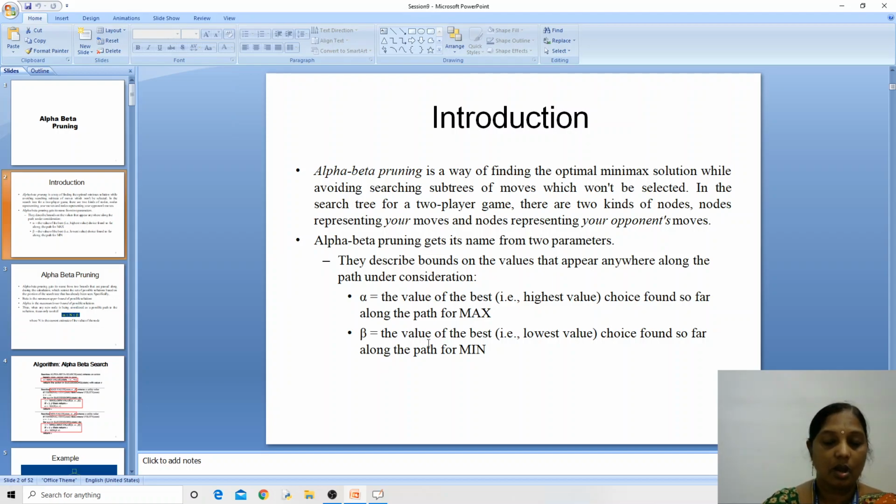And beta is always the lowest value, the minimum value. That means beta is always trying to decrease the chance of winning for max. Max is trying to win the game, and min is trying to decrease max's winning chance, so we call them alpha and beta.